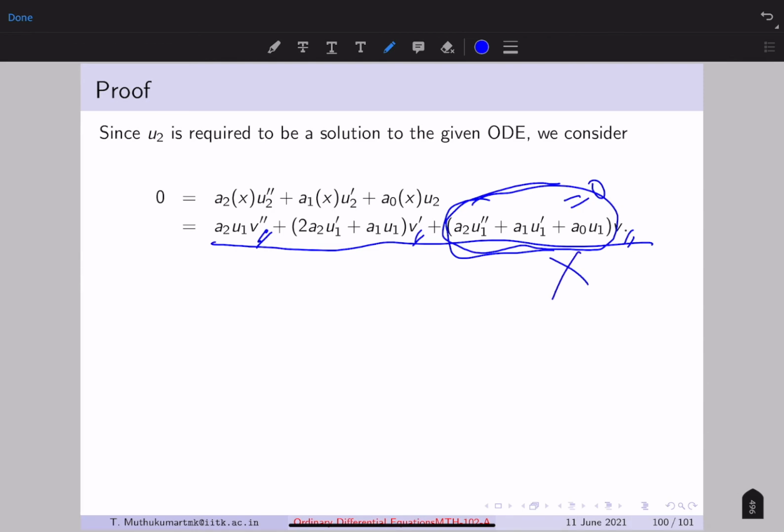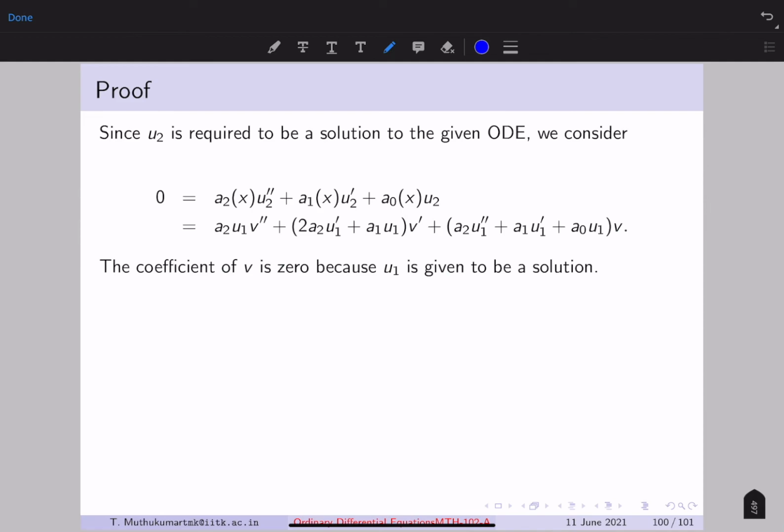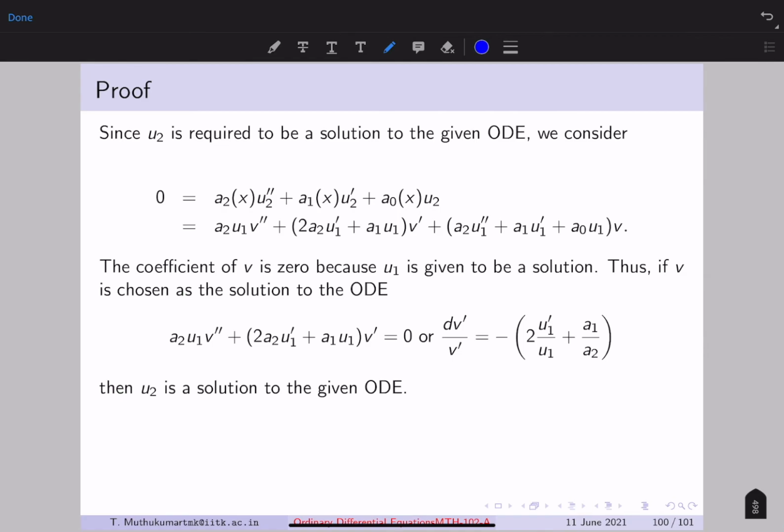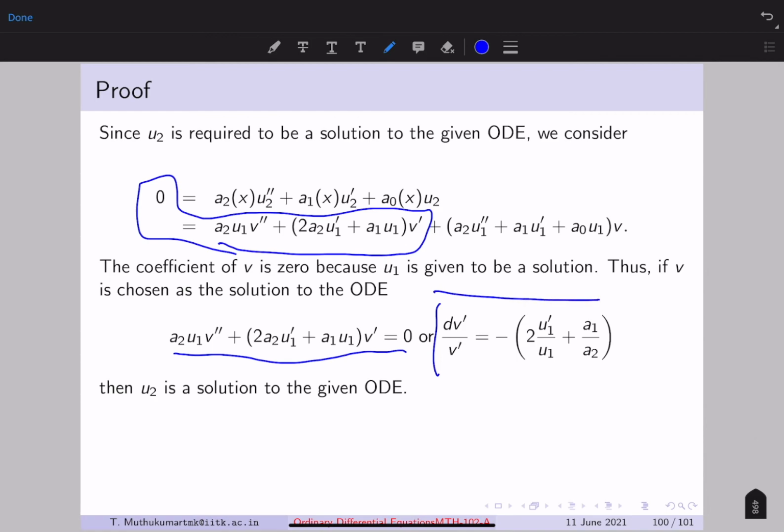What we are left with is only the remaining terms, since the coefficient of V is 0 because U1 is already a solution to the given ODE. Which means what we are left with is this equal to 0, right? Which is what we have said here. And if you rearrange, you get this equation.